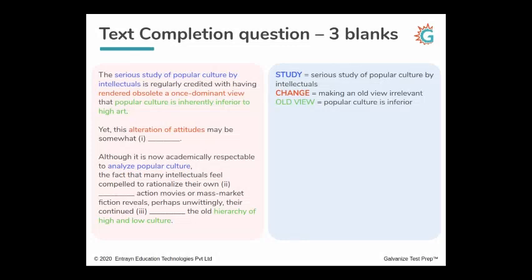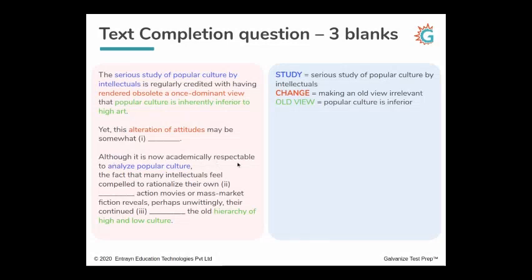All you have to do is find these repeated phrases. Rendered obsolete a once dominant view is the same as alteration of attitudes. Attitude is equal to view, and alteration is this rendering obsolete, a change. Yet this alteration of attitudes may be somewhat something.